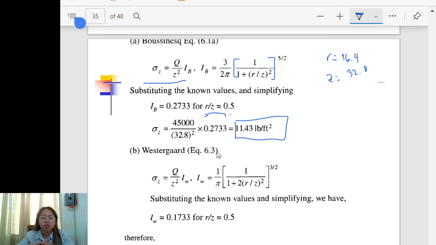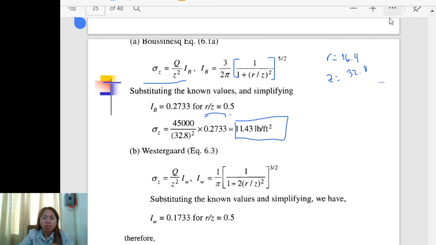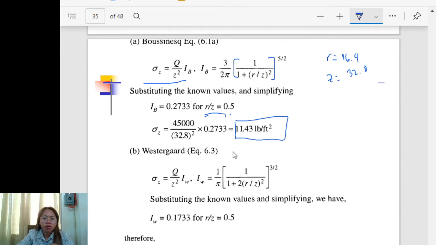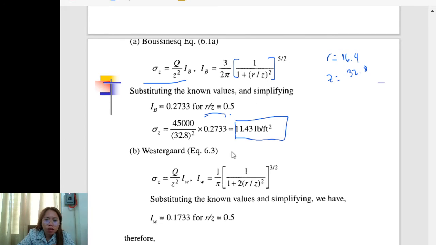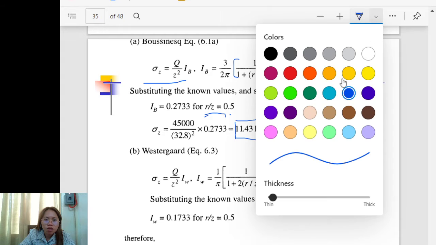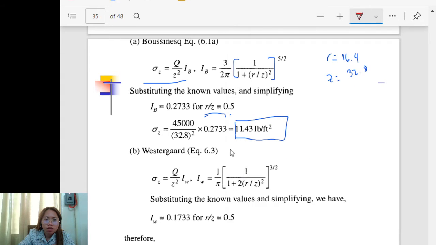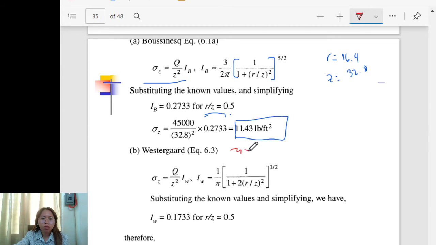And using the Westergaard equation, this one, with mu equal to 0, so this reduces to this one, no?